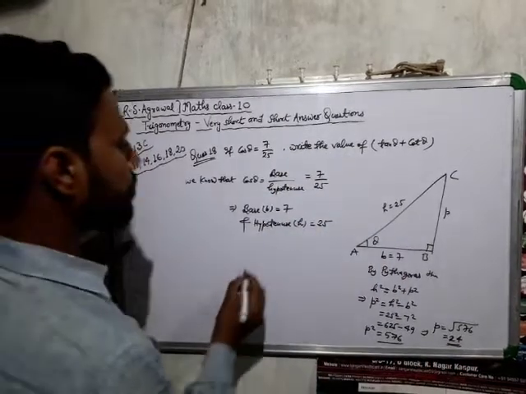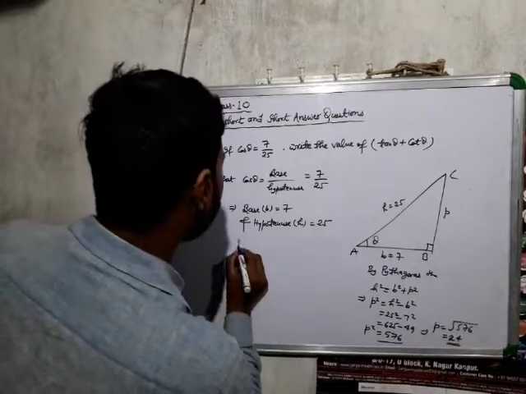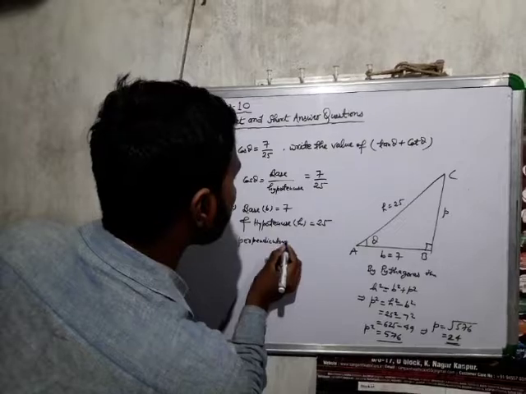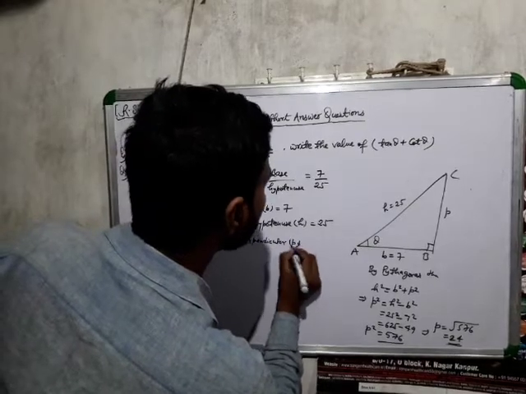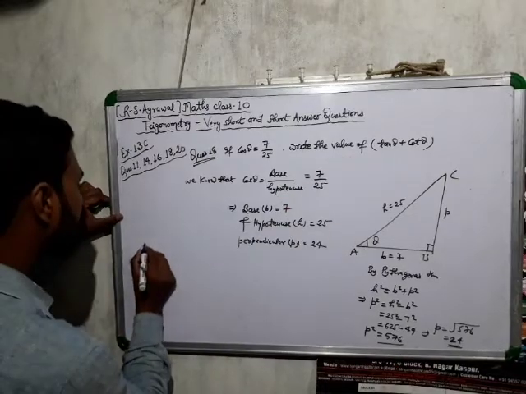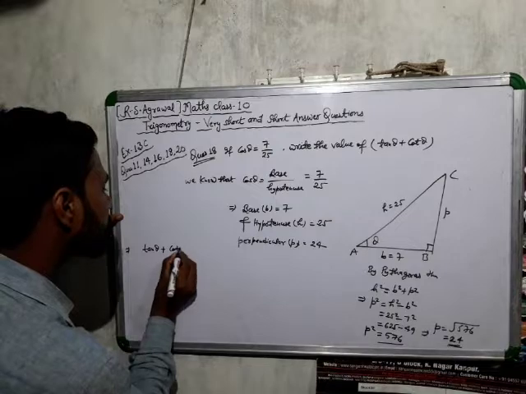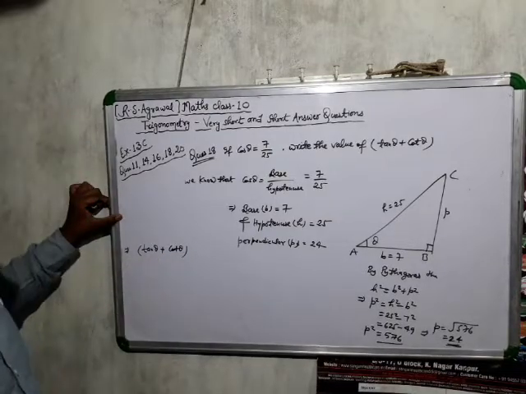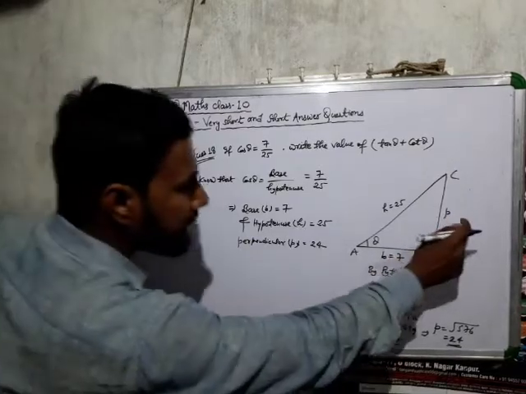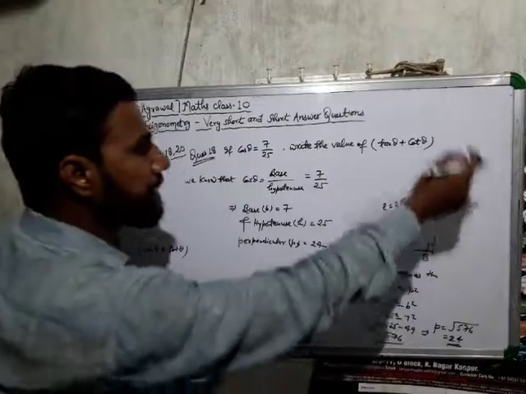Putting the value, we find that perpendicular P is equal to 24. This implies we can find tan theta plus cot theta. Tan theta plus cot theta is equal to, we know that tan theta is equal to perpendicular by base and cot theta is equal to base by perpendicular.